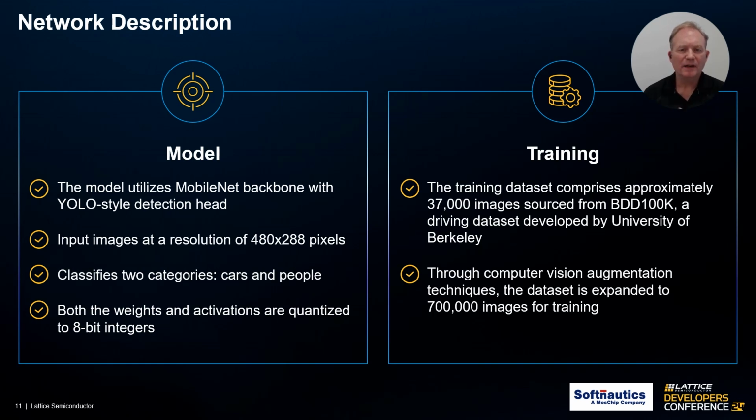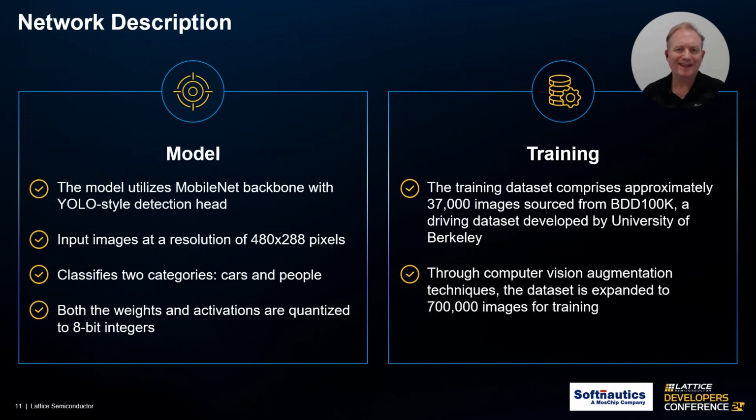So before I dive into the results, I want to talk a little bit about the model and how we trained it. So in terms of the model, we built a model that uses a MobileNet backbone, and we combine that with a YOLO-style detection head.